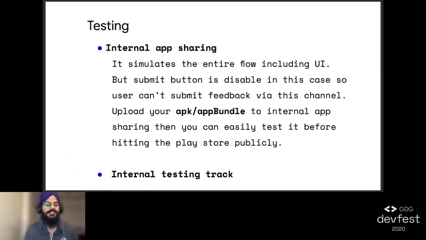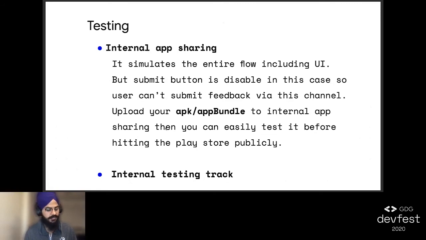And the third one is the internal testing track. If you have already published your app on the Play Store, you can test with the internal testing track. You can push your APK or app bundle there, and then your testers will get the bundle that you just posted, and from there you can test the full flow.